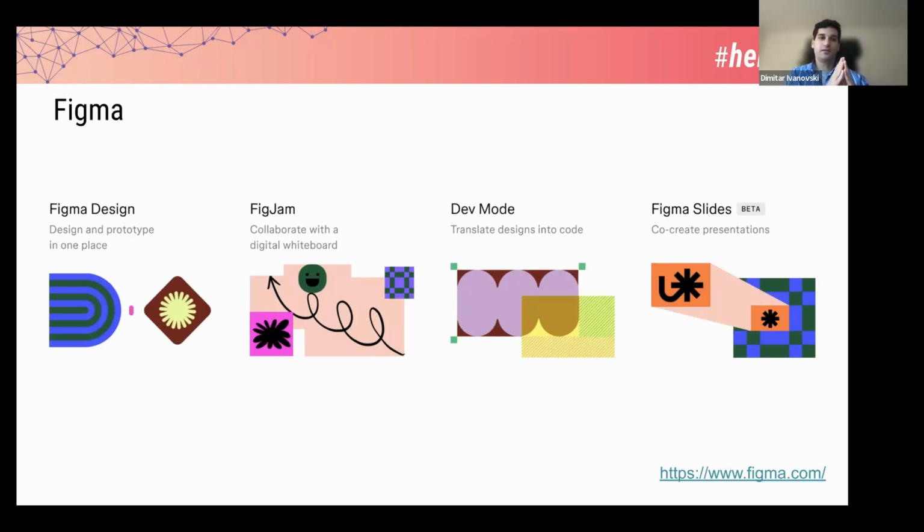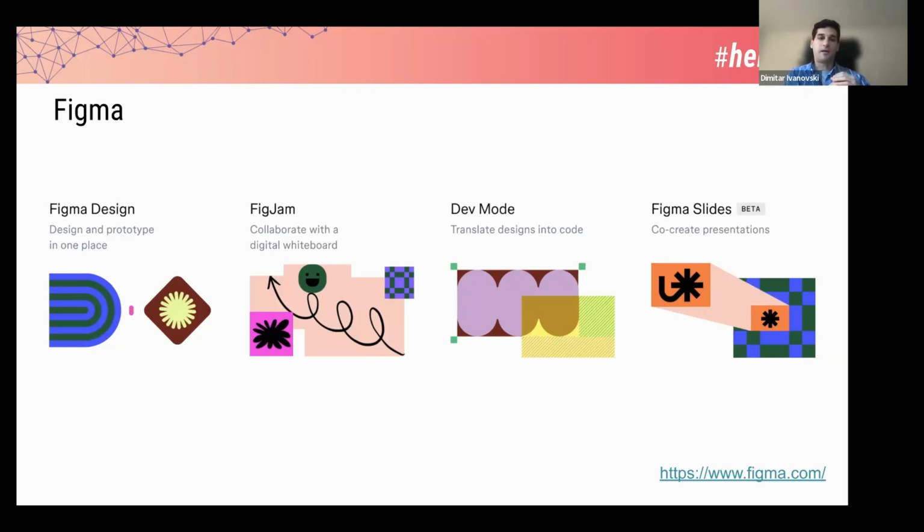Then Figma as a product also has FigJam. FigJam is a tool to collaborate with other stakeholders, and it's kind of like a whiteboard where you can brainstorm ideas and lead meetings and everything. It's very useful. It's kind of the competitor of Miro or Mural or the other whiteboarding tools.